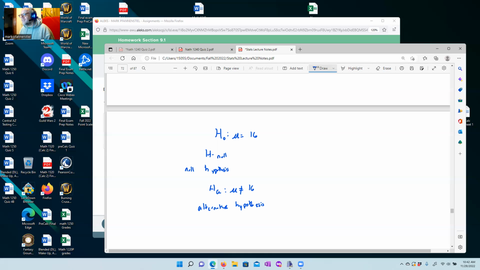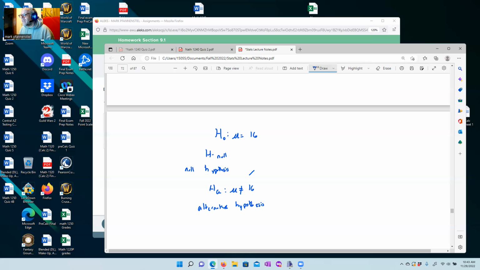You want to overfill a little bit, but you certainly don't want to underfill and open yourself up to a lawsuit. So this is called a two-tailed test, because a little bit over is not good and a little bit under is not good.